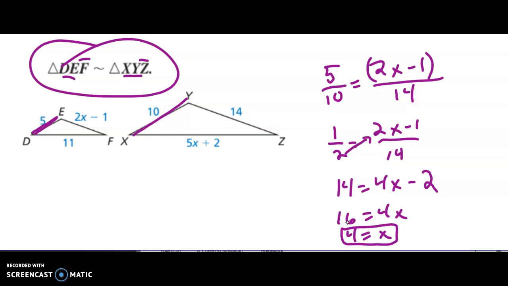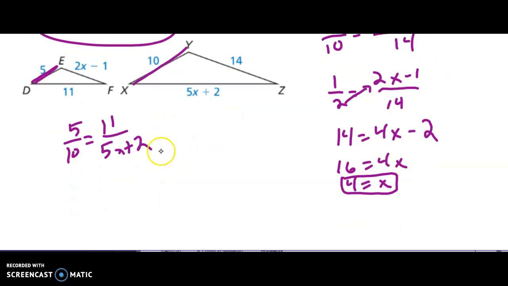Now what happens if we did the other side? So I'll take that 5/10 as well. And let's go in and do 11 over 5x plus 2. And again, I'll reduce. 1 over 2 equals 11 over 5x plus 2.